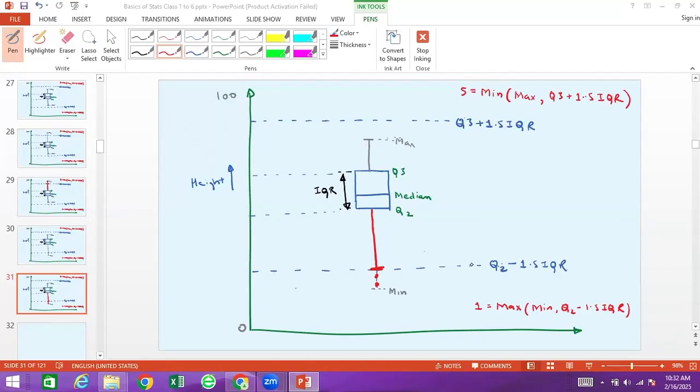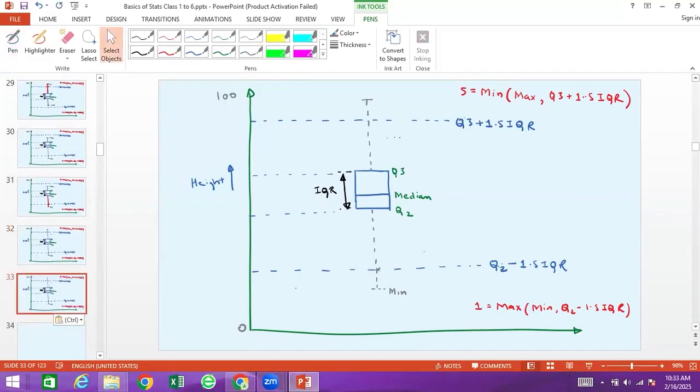Okay, is it clear? And now obviously it can be on both sides as well. This could also have been the case that the minimum value is lesser than this, and the maximum value is greater than this.